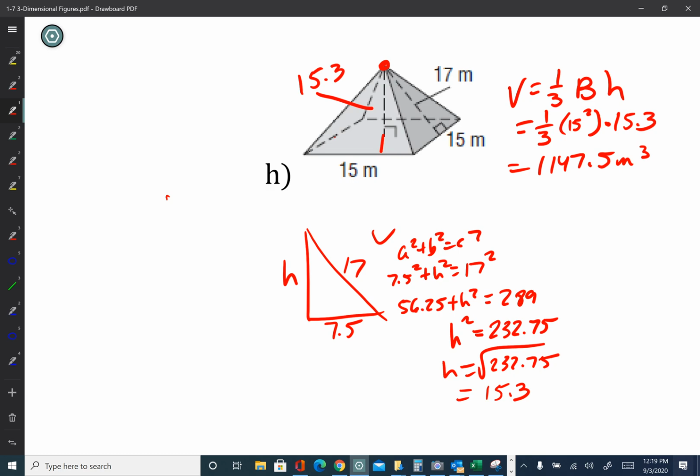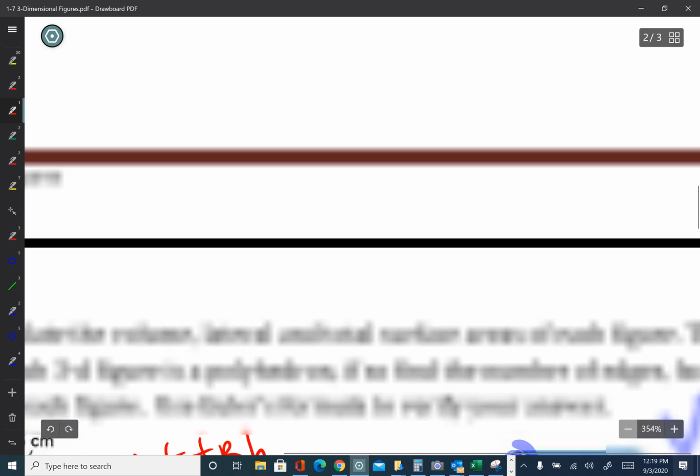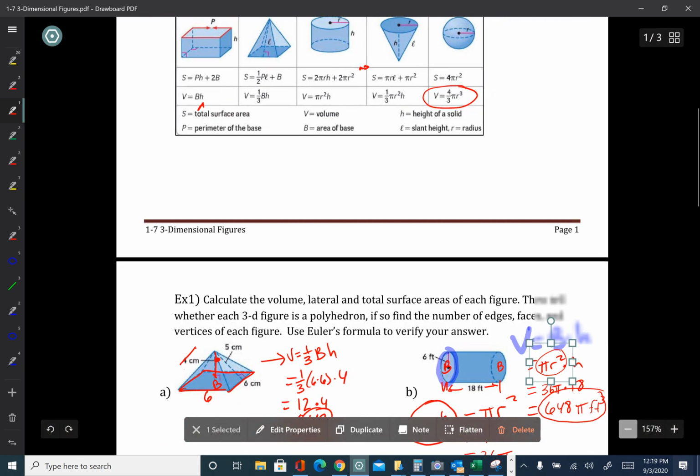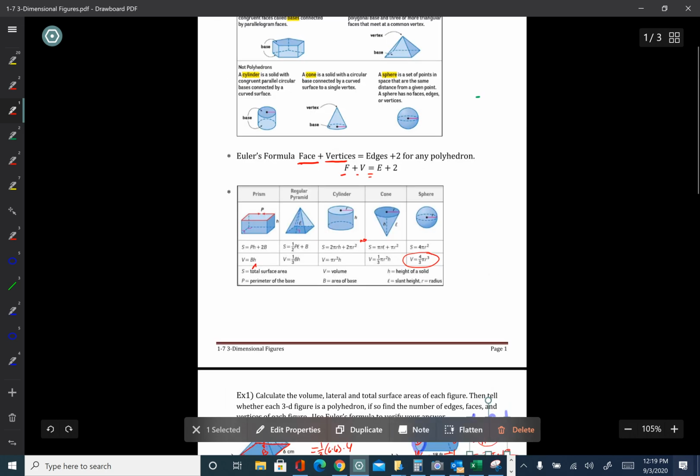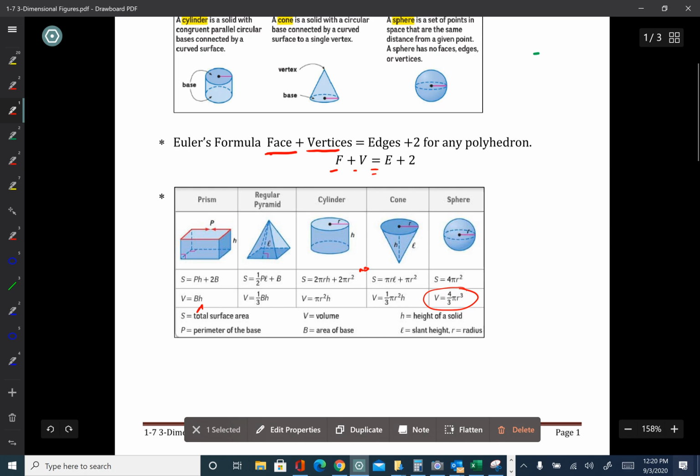Okay? All right. Don't let the math get in the way of the concept, because if you get the concept down, the rest is easy. So don't lose it. Don't lose the information here, okay? Volume of a prism, big BH. Volume of a pyramid, 1/3 big BH.